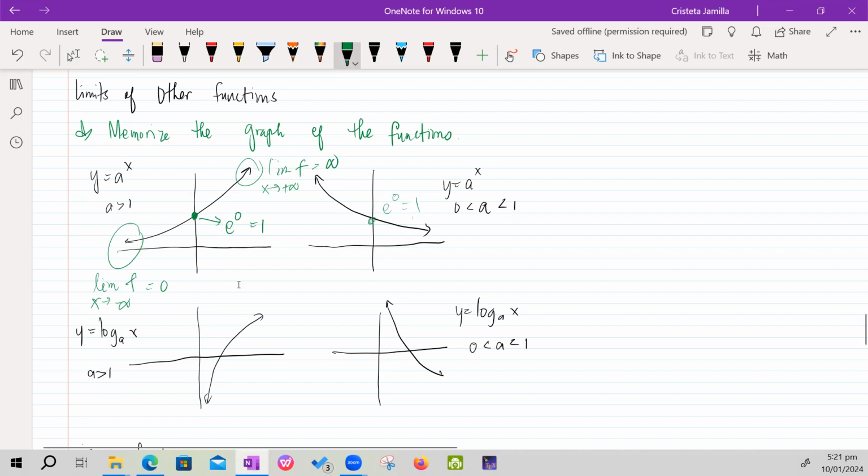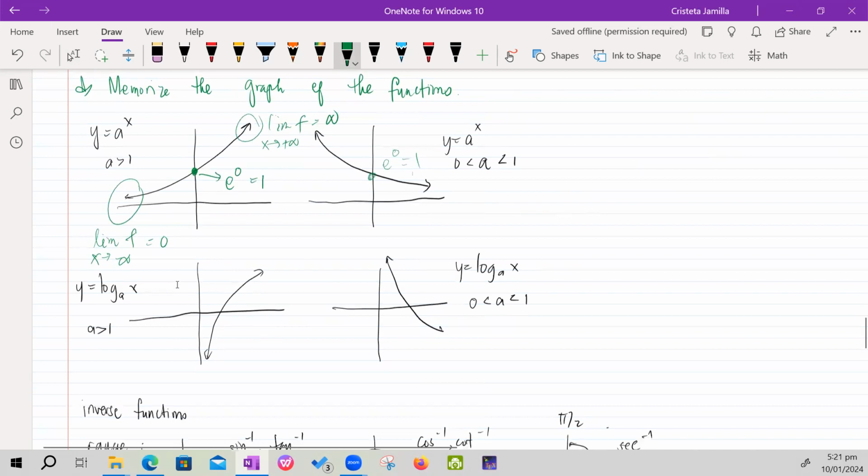Another case that I can show you is when we have a logarithmic function. For a logarithmic function of x to the base a, when a is greater than 1, this is the graph. It's increasing, and therefore as x goes to positive infinity, the limit is positive infinity.